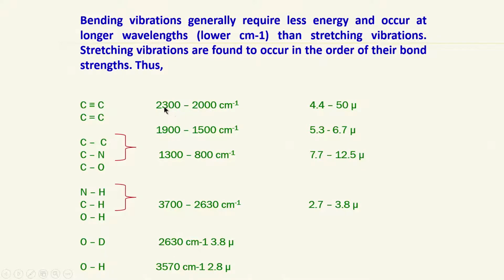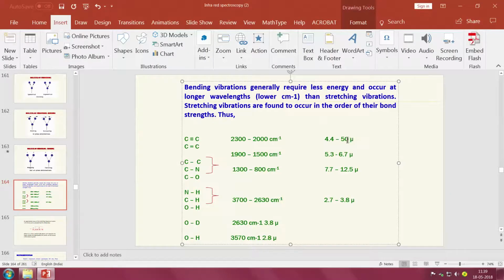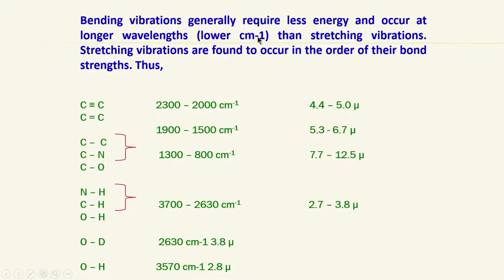The infrared peak for the triple bond is somewhere between 2300 to 2000 centimeters inverse. The corresponding micrometers is 4.4 to 5 microns. I will correct that. So, it should be 5.0 microns.